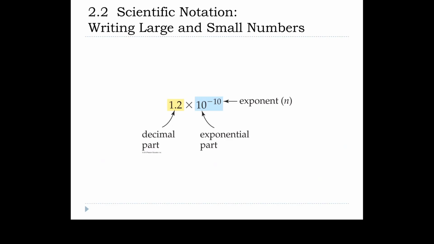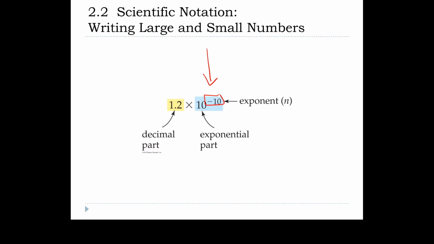So if we multiply by 10, that moves the decimal place to the right one. If we divide by 10, that moves the decimal place to the left one, right? And so that's what this piece in blue is telling me here. It's saying move the decimal place some number of places. And this positive or negative is telling me which direction to move it.